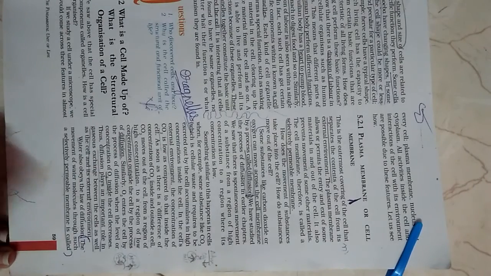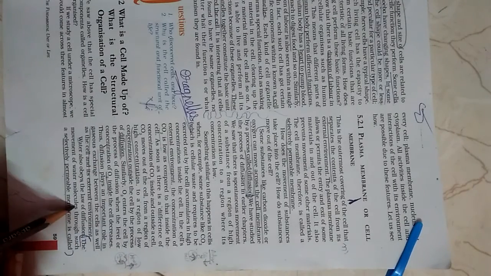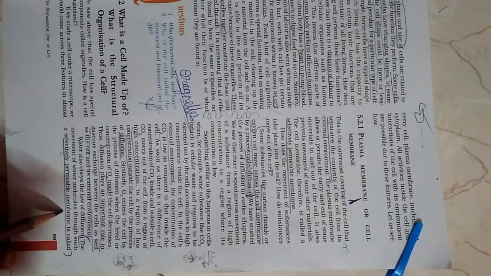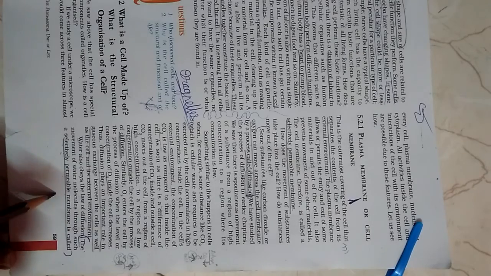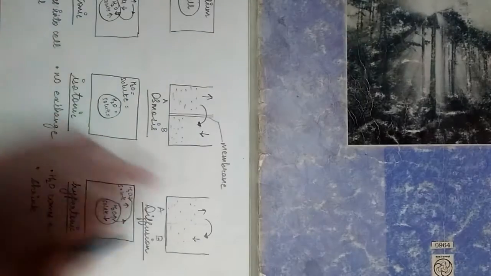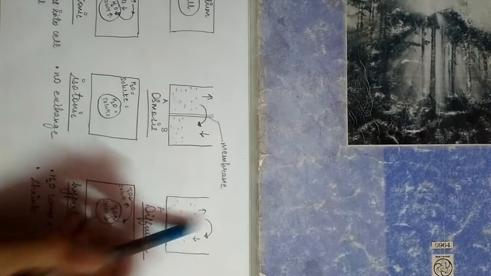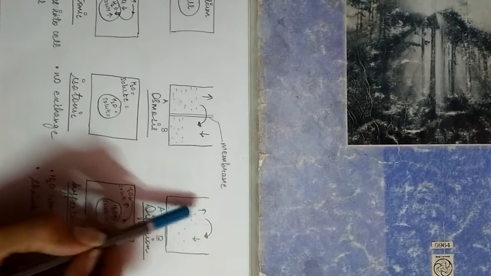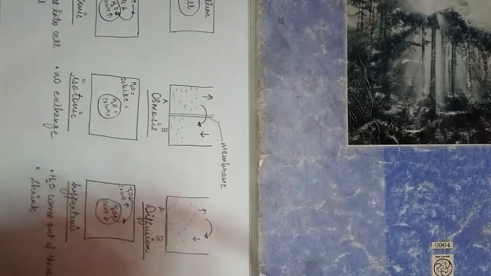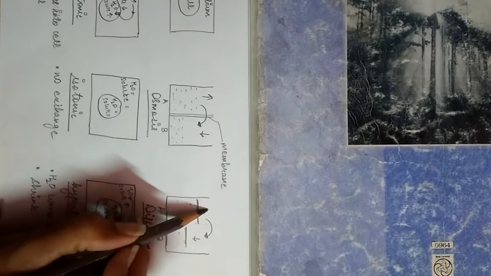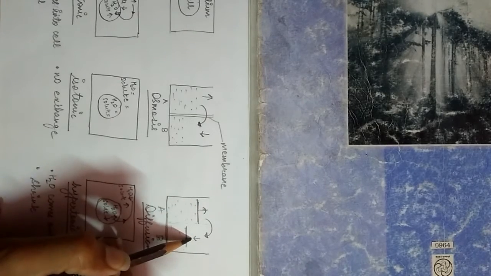Now we will see osmosis, the movement of water molecules through a selectively permeable membrane. When a selectively permeable membrane is present between two media, it is called osmosis. As shown here, where there is no membrane present and the exchange goes from higher to lower concentration without the help of a membrane, it is called diffusion.